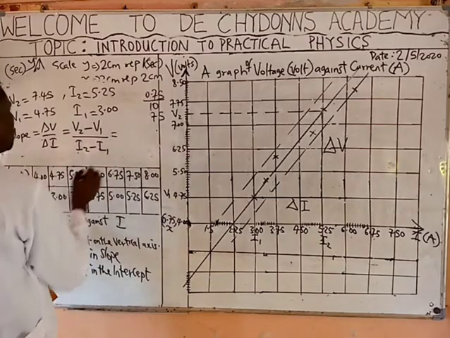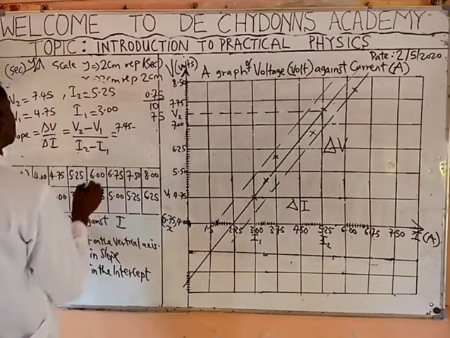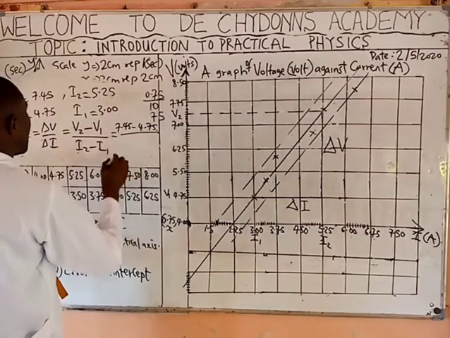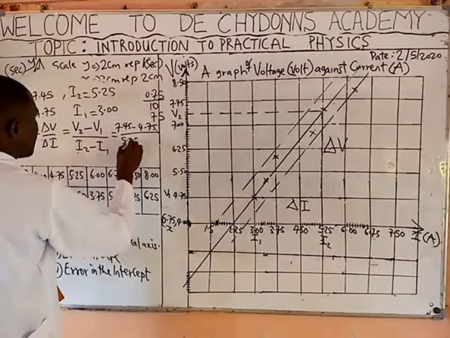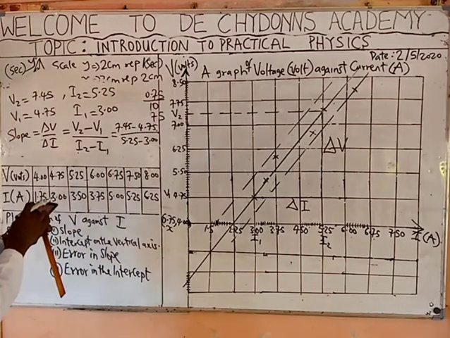That will be giving you, what is our V2? 7.45 minus 4.75 all over 5.25 minus 3.00. Now, if you minus, you will be having 7.45 minus 4.75.